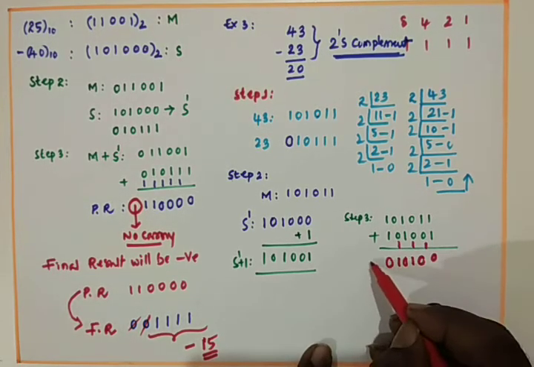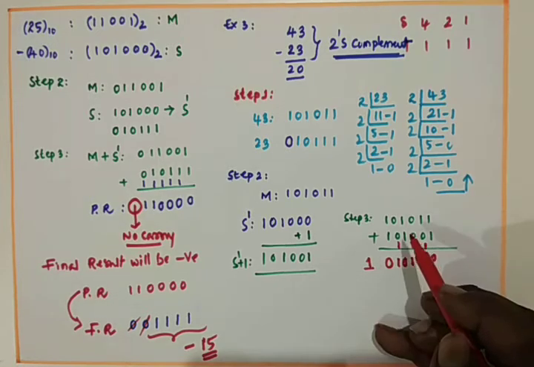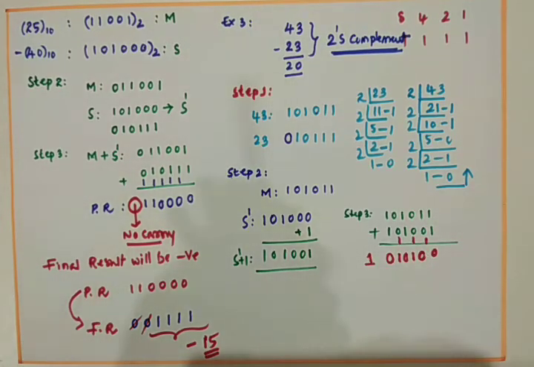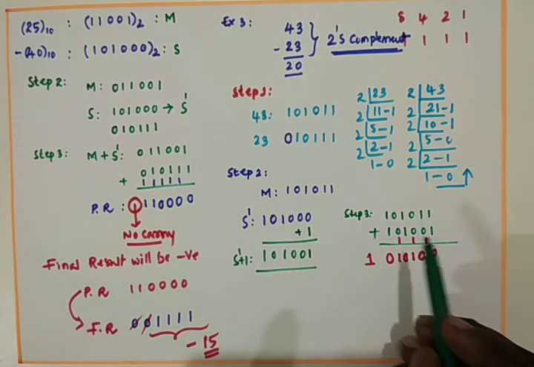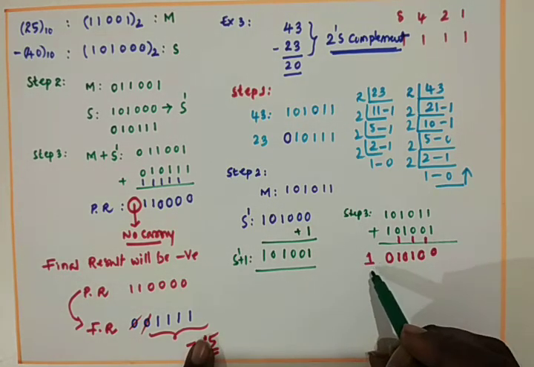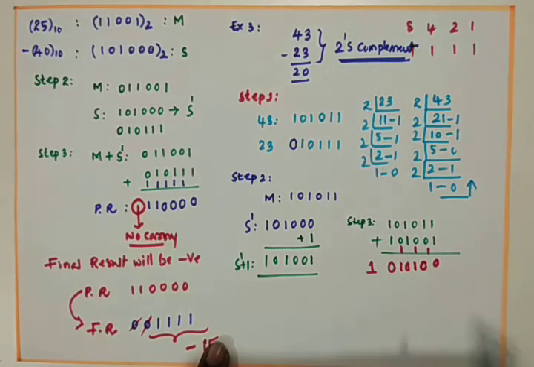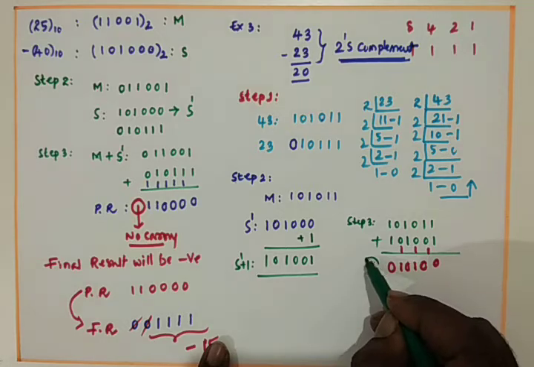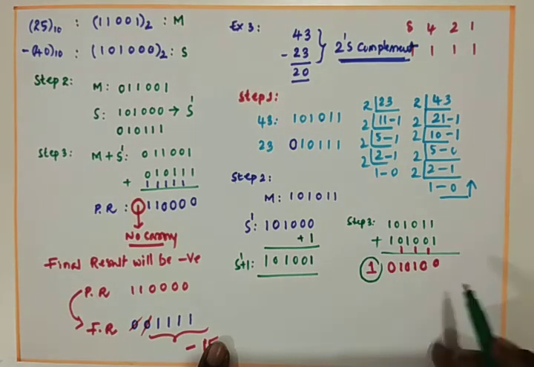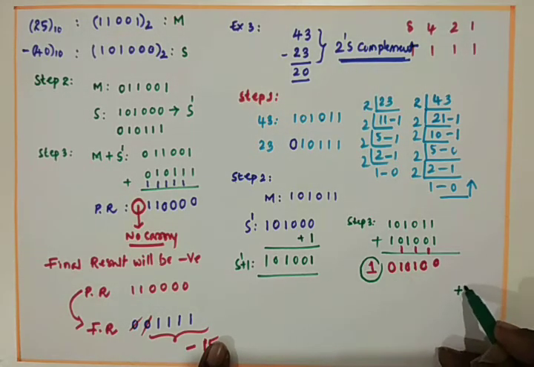Here 0 and carry. In case of 1's complement method, if we get the carry, we assume that the final result will be positive. Here also we got the carry 1, so the result will be positive only.